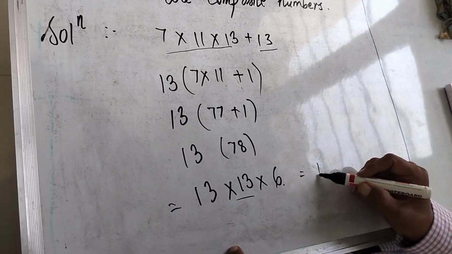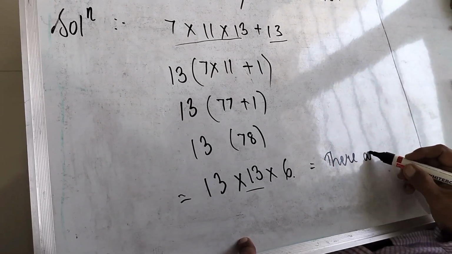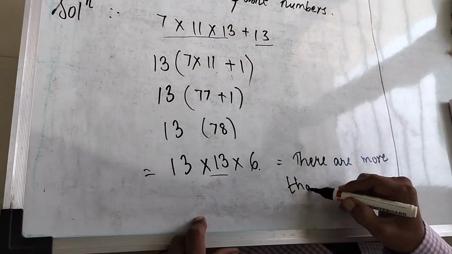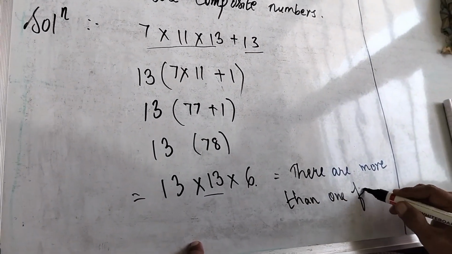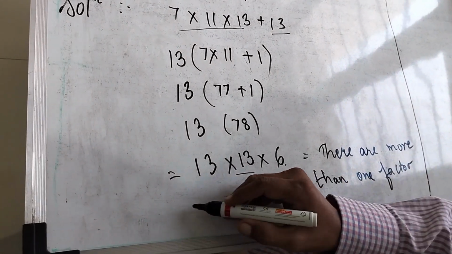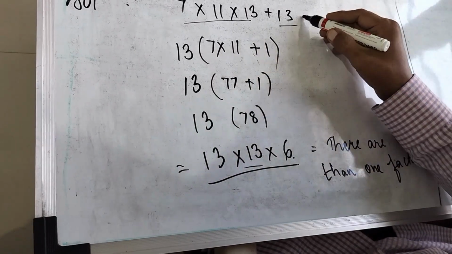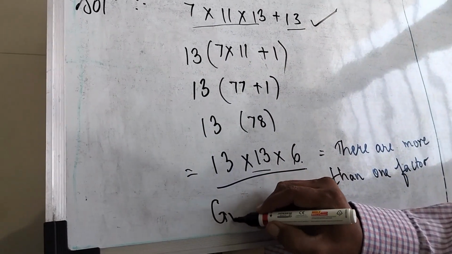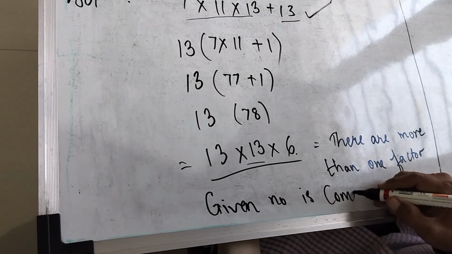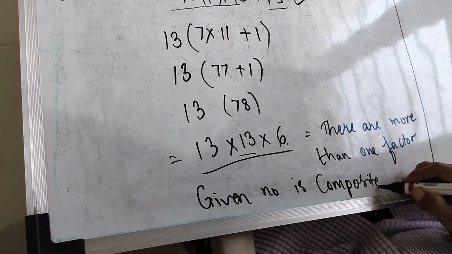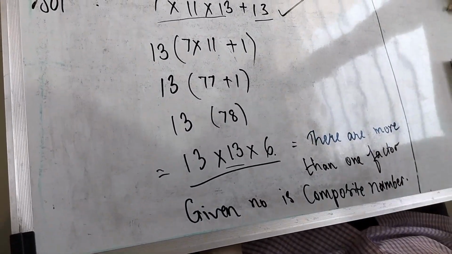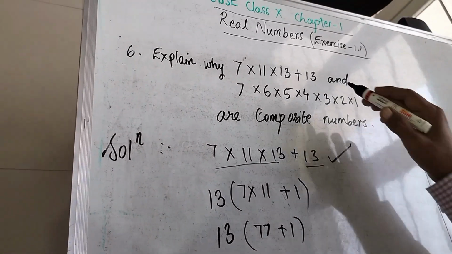There are more than one factor. एक से ज़्यादा नंबर से डिवाइड हो रहा है, इसलिए this given number is composite number. I think everybody must have understood the first part.